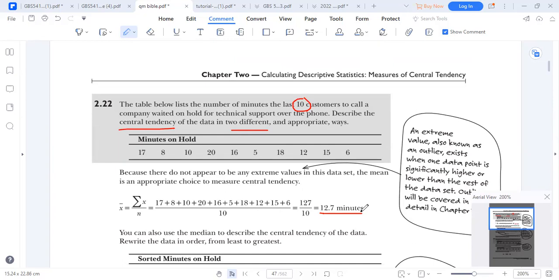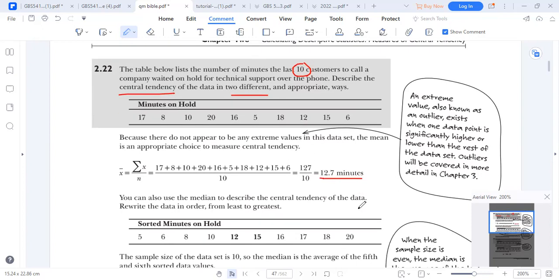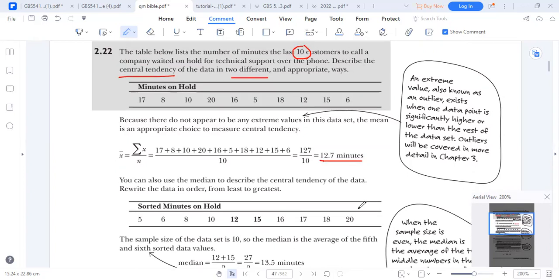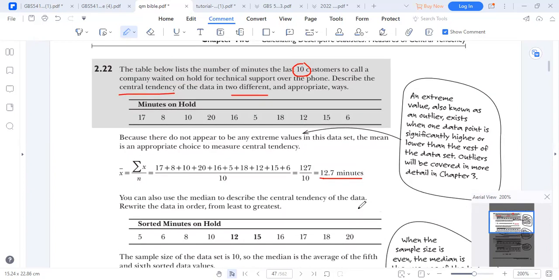So how do you describe this data? This data simply tells us that our mean, our average time, is 12.7. So it gives us a sample mean. Sometimes you can rearrange this data starting from the smallest, which is 5, to the biggest, which is 20.